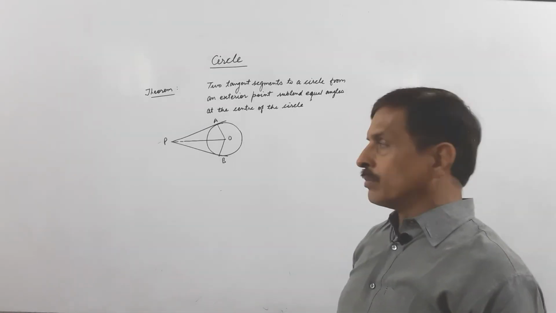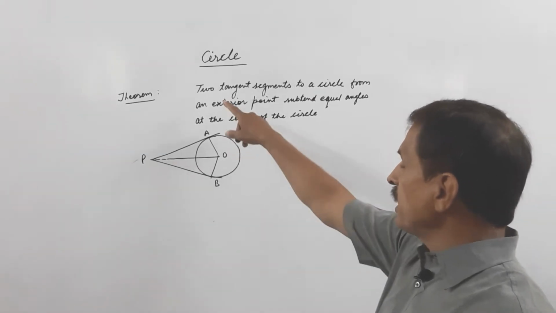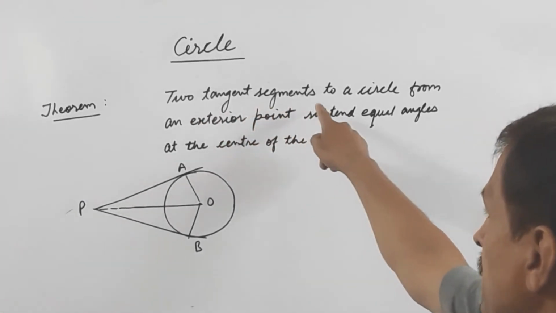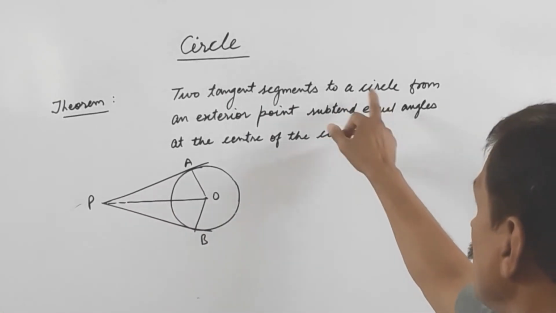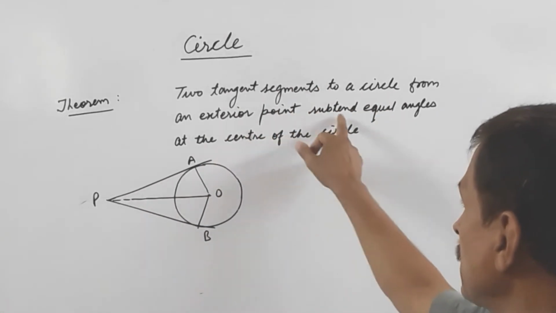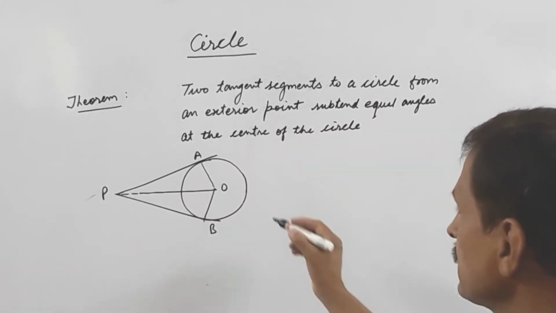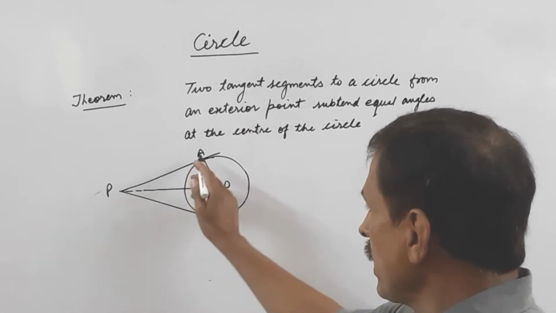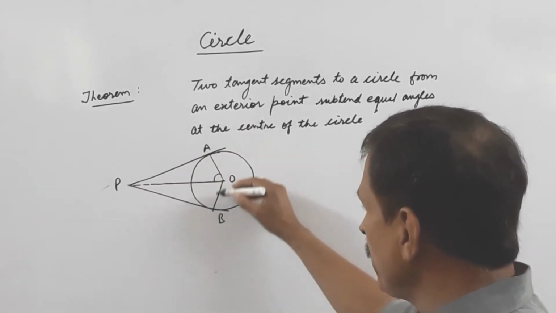In the next theorem, which states that two tangent segments PA and PB to a circle drawn from an exterior point subtend equal angles at the center of the circle. That is, angle AOP is equal to angle BOP.